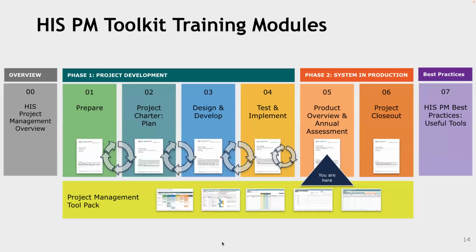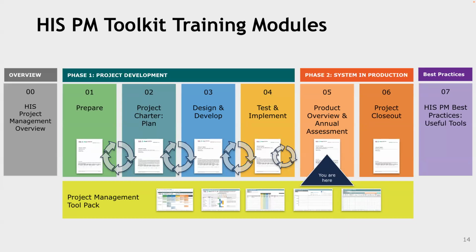Right. Okay, so this is where we are now in section 5, the product overview and annual assessment. I think the one point I wanted to make, just based on the previous sessions that you've had, because some of the questions were relevant to this, is that all of these are shown as iterations.